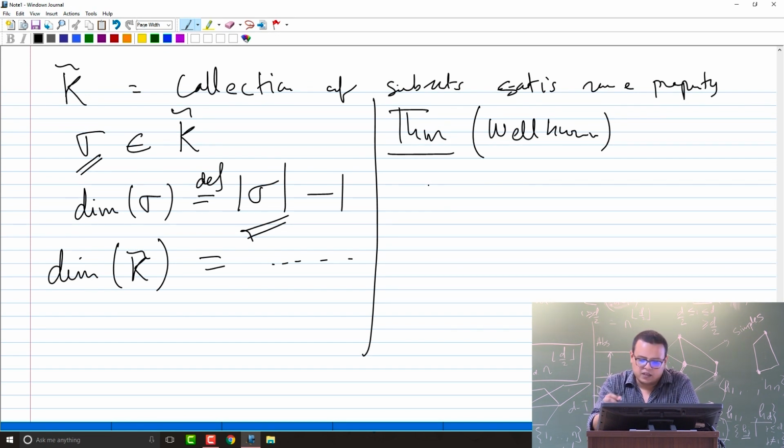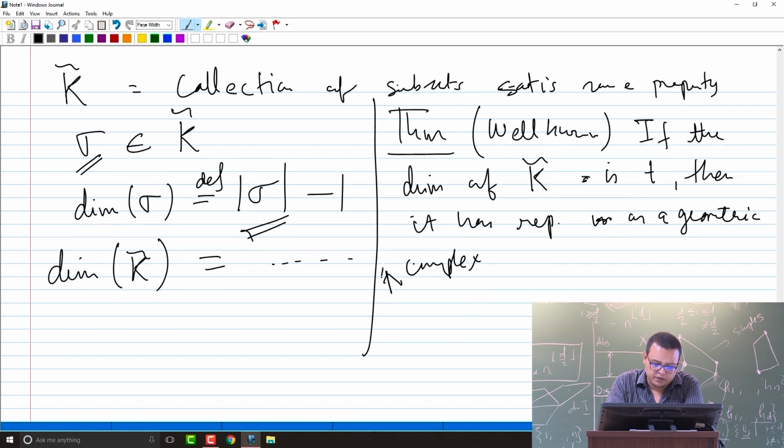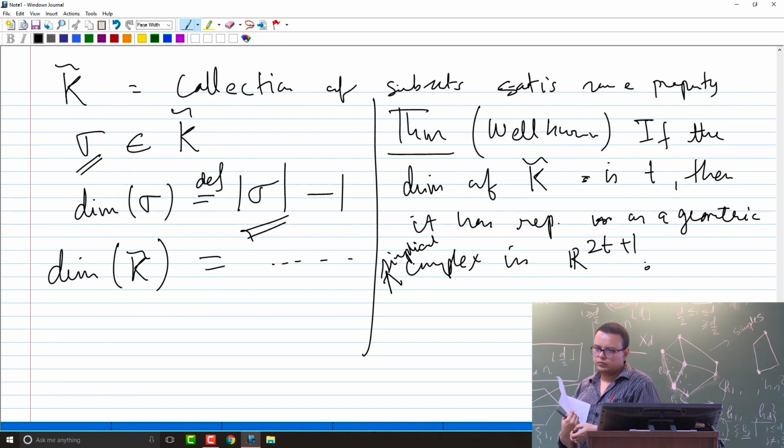What it says is, let us say the dimension of K tilde is t, then it has a representation as a geometric simplicial complex in R to the power 2t plus 1.